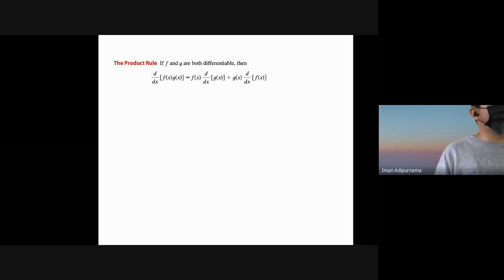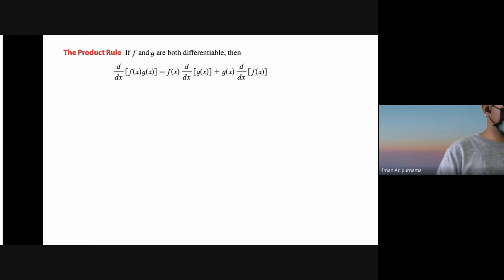And if you have two differentiable functions and they are in multiplication, f of x multiplied with g of x, then you can have this formula. Okay, or if you want to simplify this, you can have this.